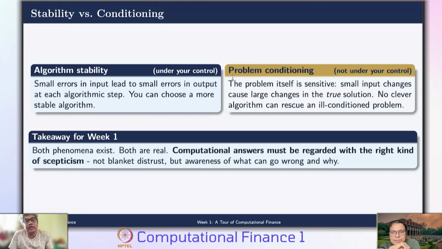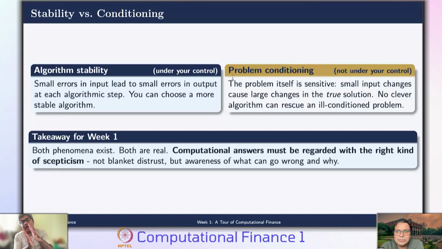It means a small error in the input leads to a small error in the output at each algorithmic step. So you can choose a more stable algorithm, or you decide, okay, I will run it long enough to get a very stable answer. But if the problem is about conditioning, that means it's not in our control.